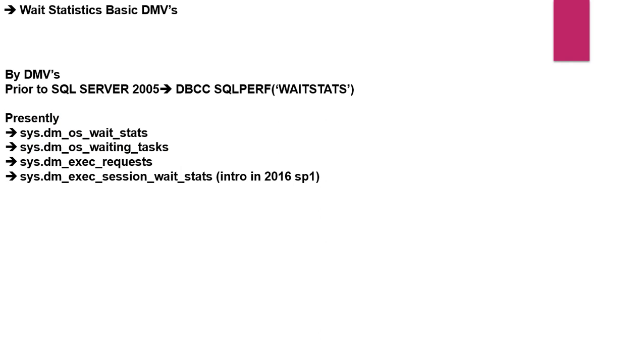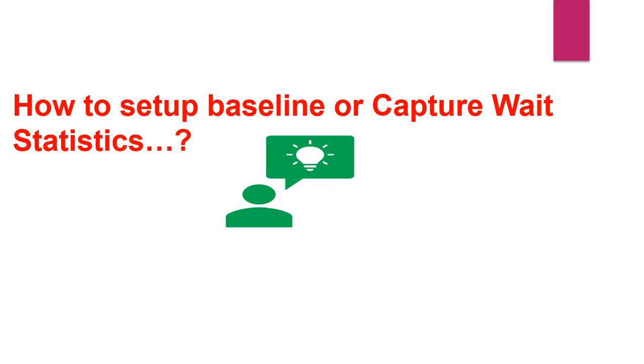In order to establish what is normal, it's necessary to track changes over time. We need to establish a baseline for historical wait statistic data. Therefore, we will learn how to set up a baseline and capture wait statistics. Let's proceed further.